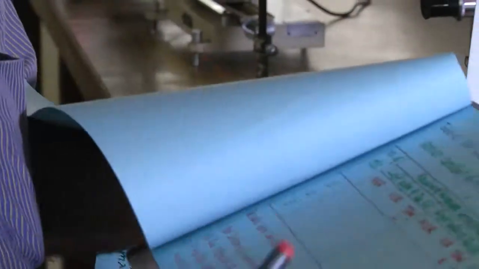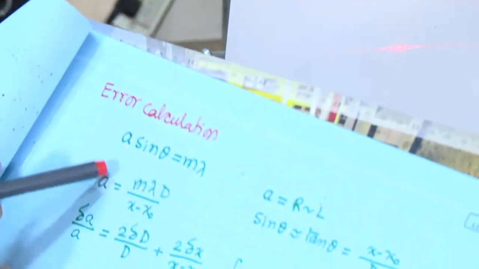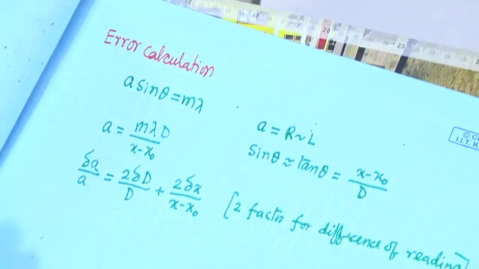Then we will plot the intensity, the photocurrent, versus x minus x 0, or the angle theta equal to x minus x 0 divided by d. d will remain constant, we will only vary x. Here I would like to show you what you are getting in this formula.